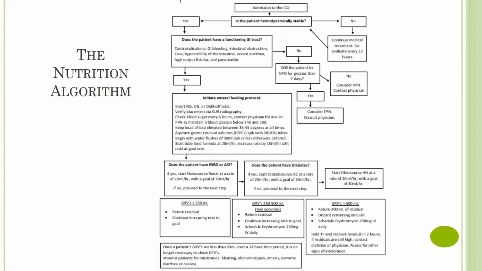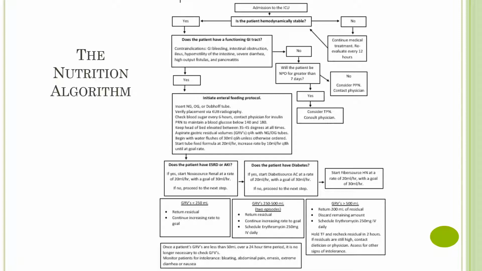It starts with asking if the patient is hemodynamically stable or not. Obviously, if the patient is not hemodynamically stable, you would continue medical treatment and reevaluate every 12 hours as needed. But if they are hemodynamically stable, then we would go on to the next question and just follow the algorithm.